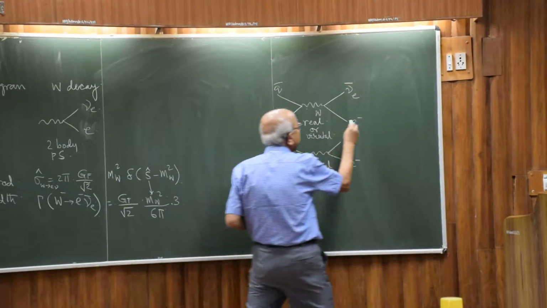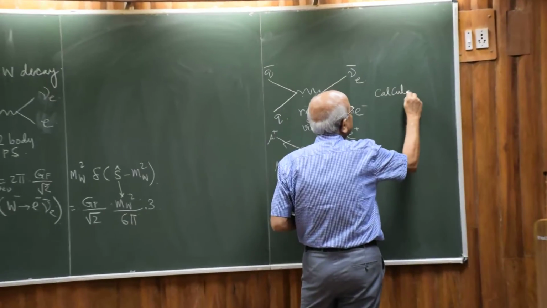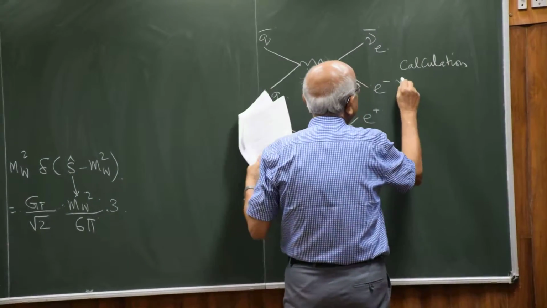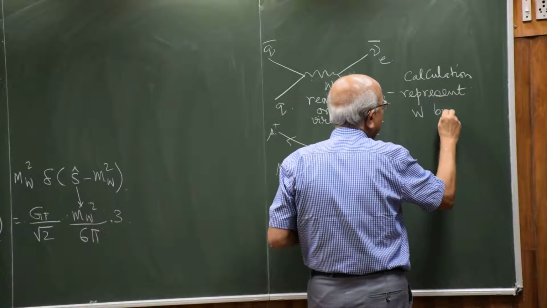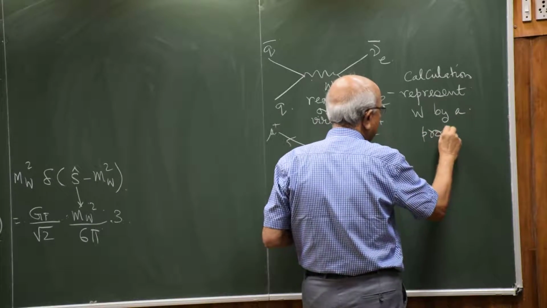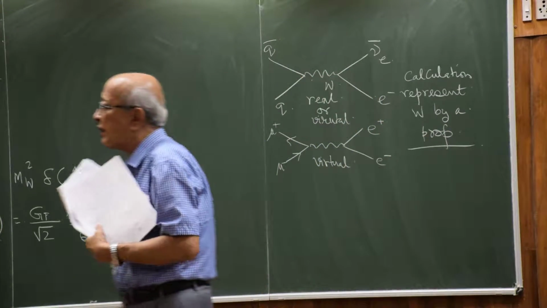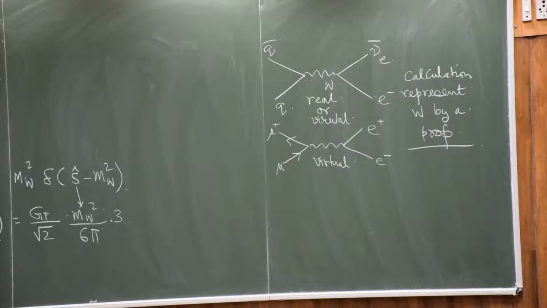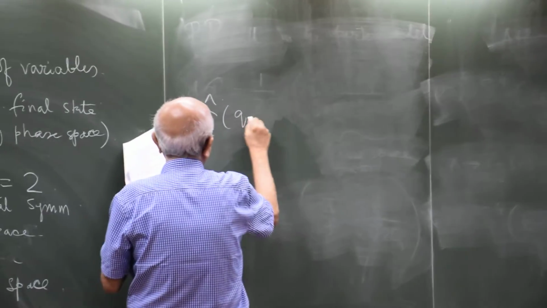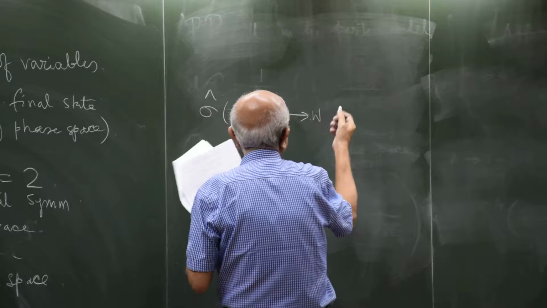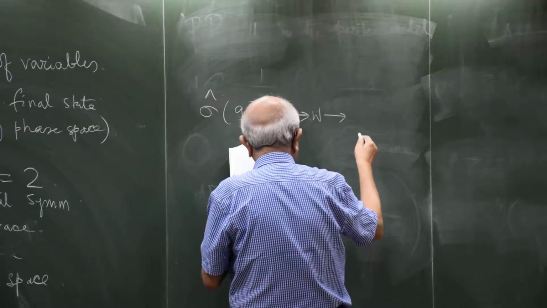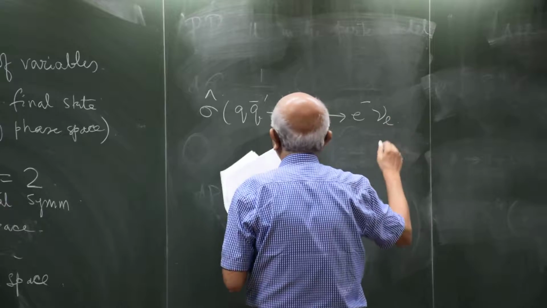So for the calculation, represent the W by a propagator. Let me write this as QQ bar prime going to W. This W may be real or virtual, I do not commit myself, going to mu, nu.